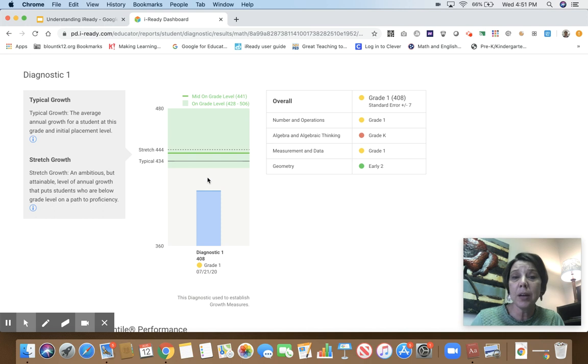If they don't make it on the second test, it's okay, because this is an end of year goal. The dark green line represents mid grade level. So for Brian, this is mid second grade. For your child, it'll be middle of the school year, whatever grade your child is in.